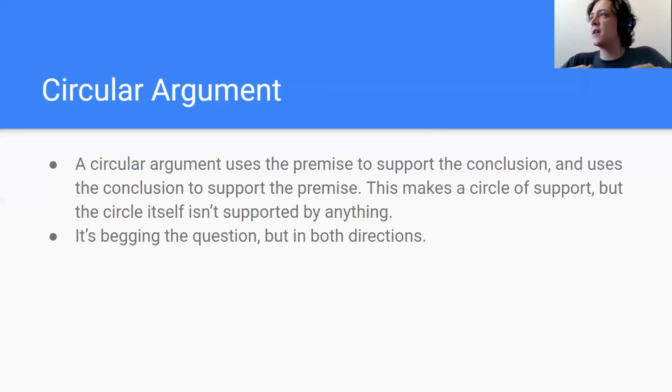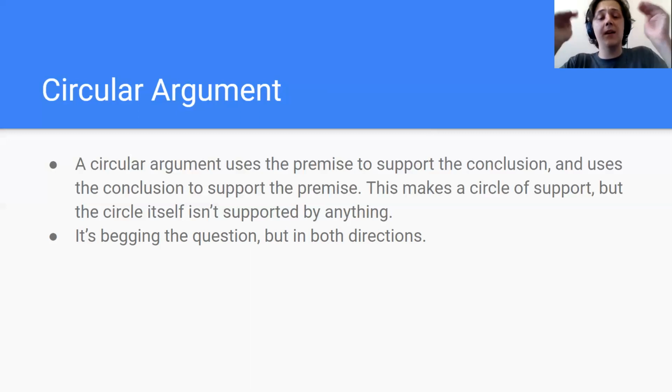But just for an example of a circular argument, if you say, look, the Earth is round, therefore the Earth is round. That's a circular argument. It's a really simple, basic one that no one would actually make that mistake. But it's a circular argument.